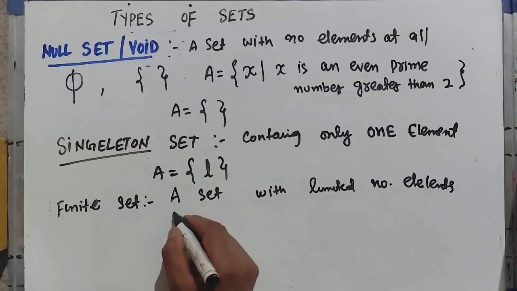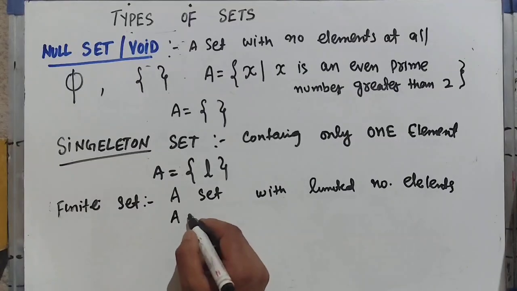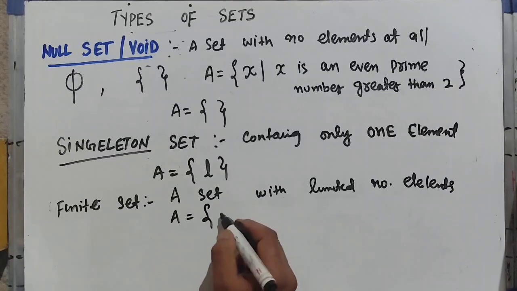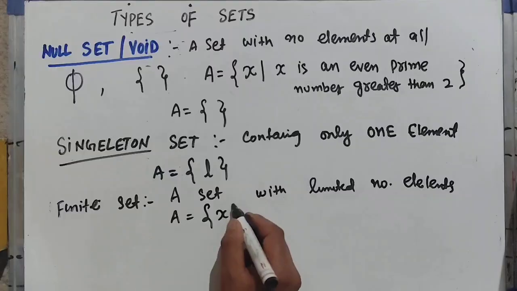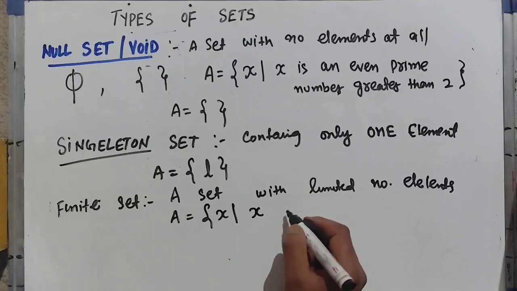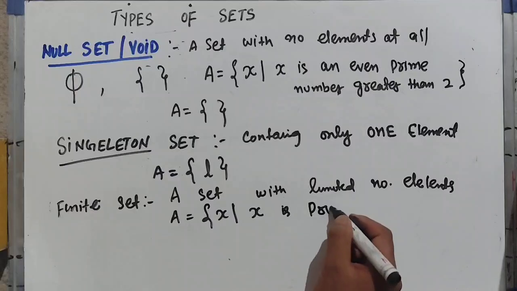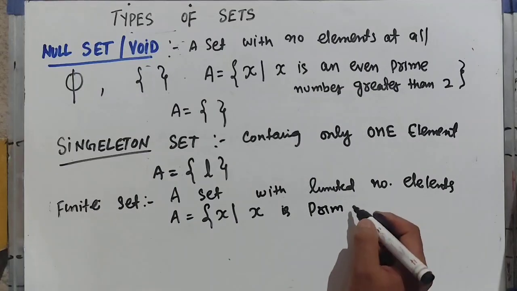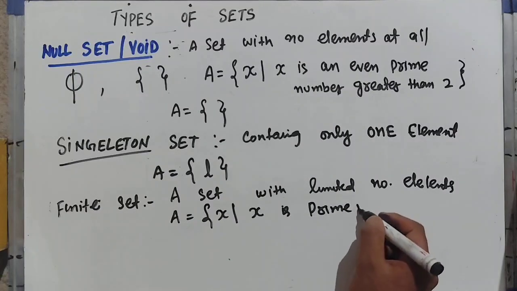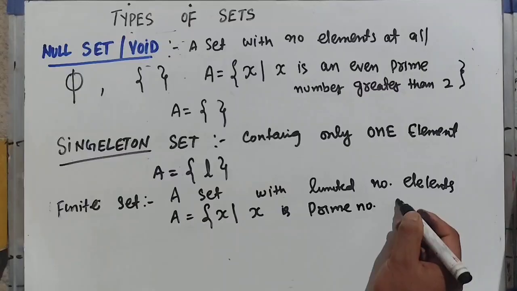If I take an example, A is a set such that A contains all x's such that x is a prime number less than 10.